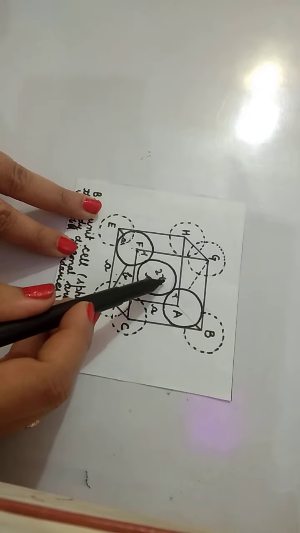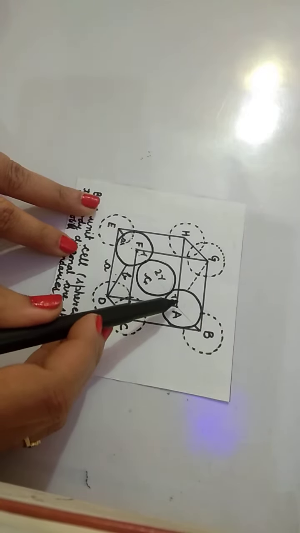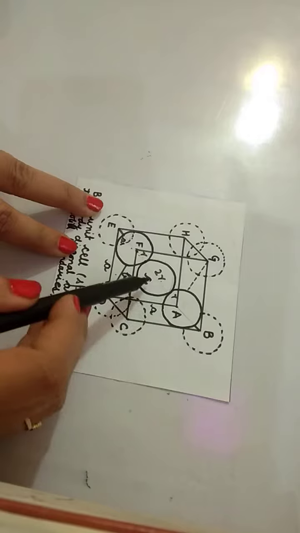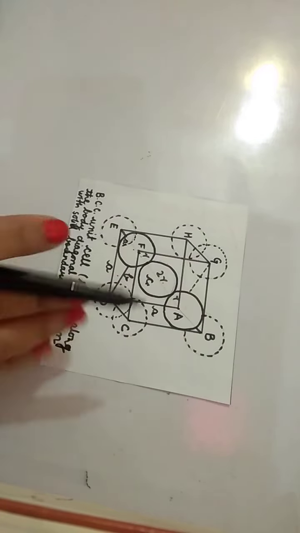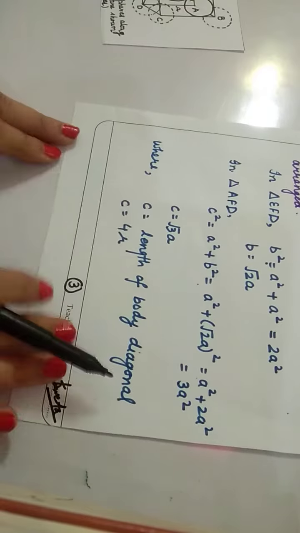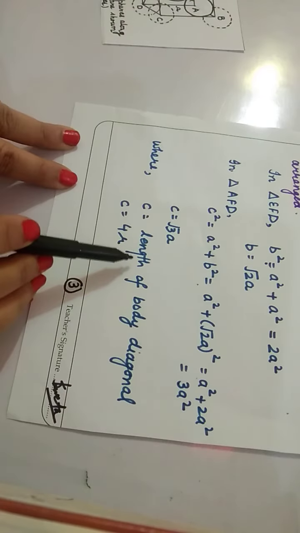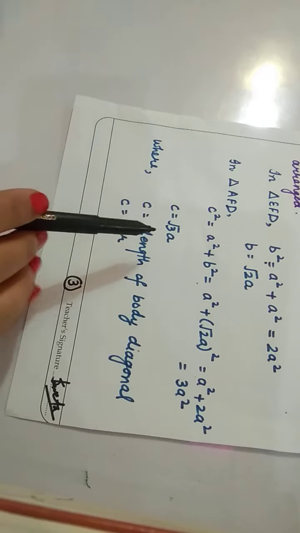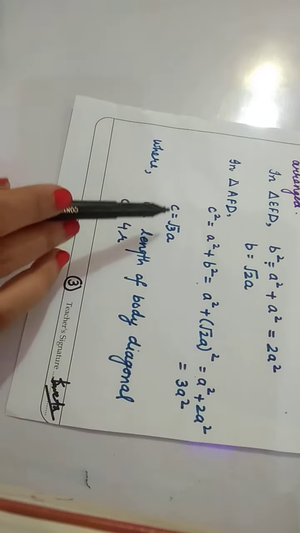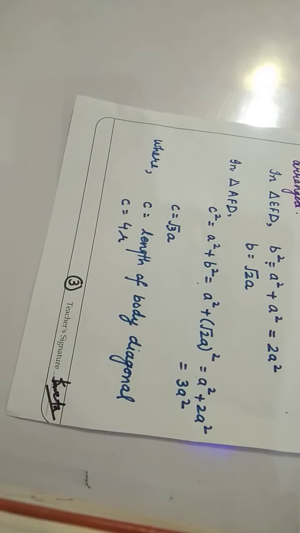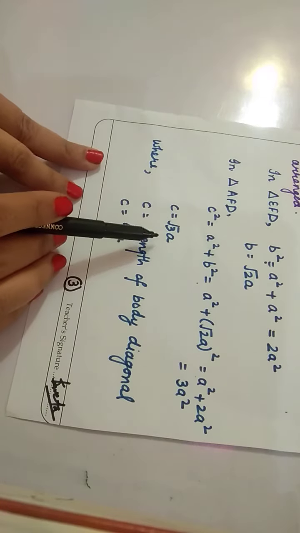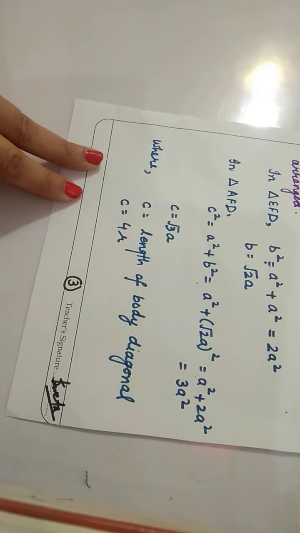So diameter is equals to 2r, and of the third sphere it is again r. So r plus 2r plus r is equals to 4r. It means C, the length of the body diagonal, is equals to 4r, and C is equals to root 3a also, which says that root 3A is equals to 4R.